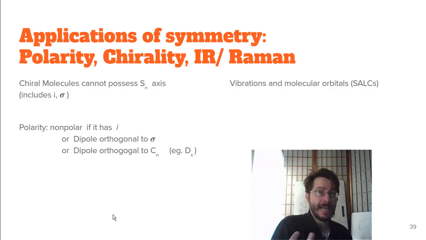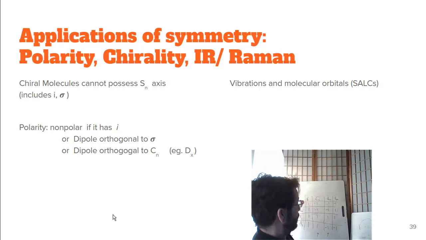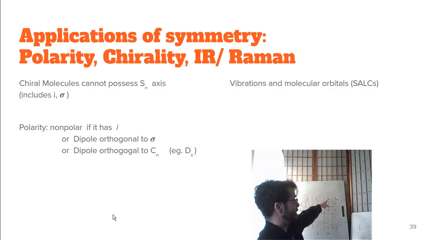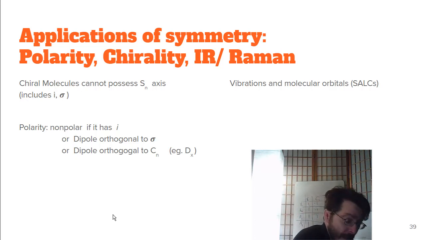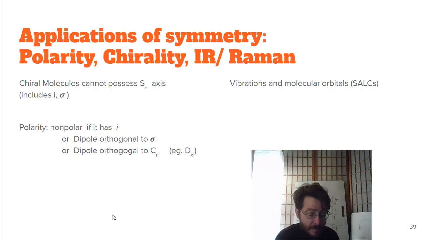But if there's an S-axis of any type in there, besides a mirror plane, it can't be chiral either. All right, look, there is a sigma plane. This material, regardless of what it is, cannot be chiral. All right, chiral molecules will not have an improper rotation axis.